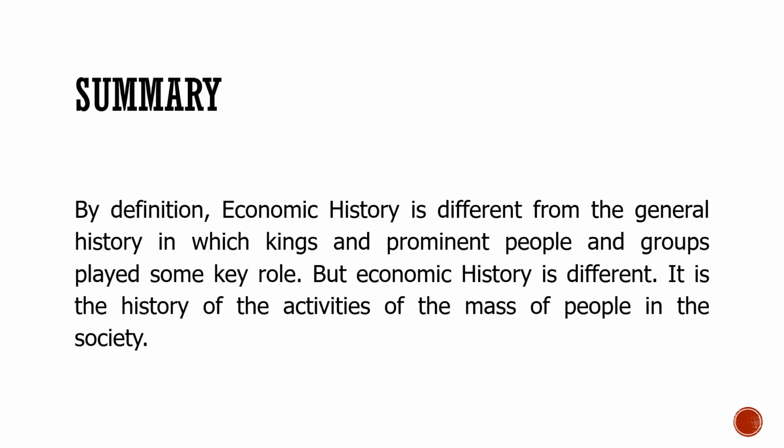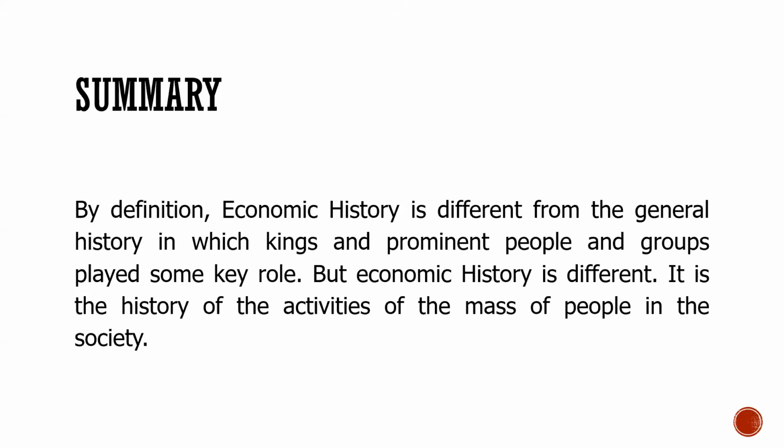We have said that economic history is different from general history, in which kings or prominent people and groups play some key role in historical interpretation. The core is political history, which deals with the history of kings, like some people will say history of Obaje and all of that. Economic history deals with economic decisions.